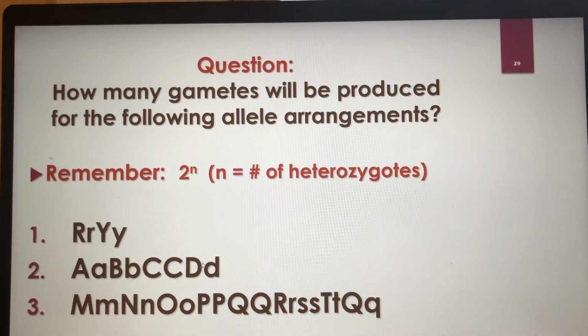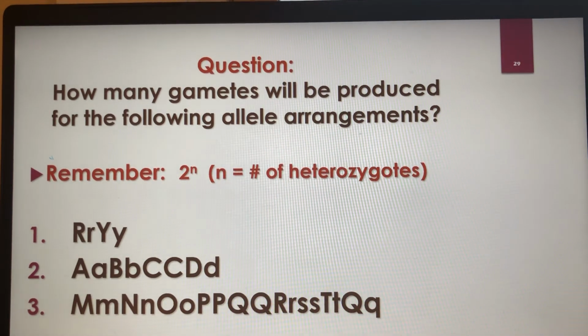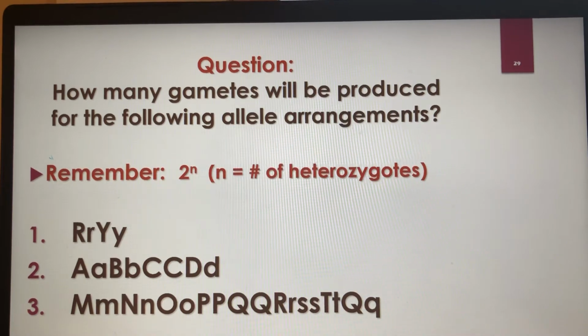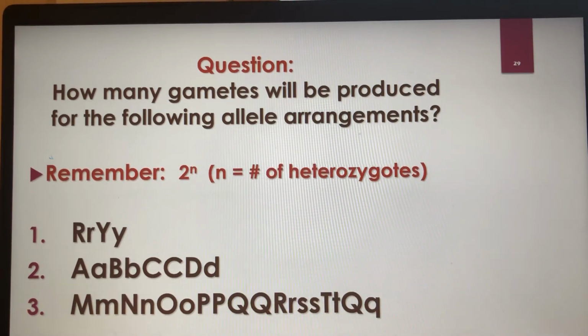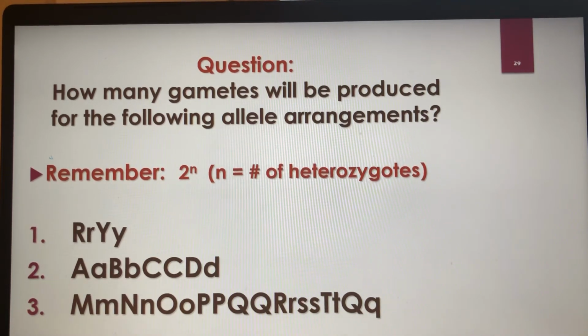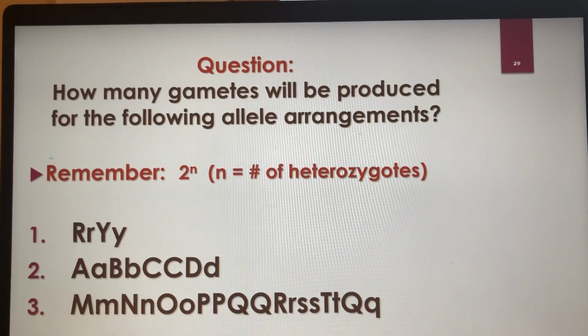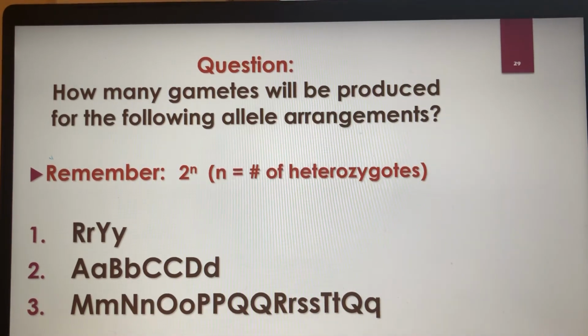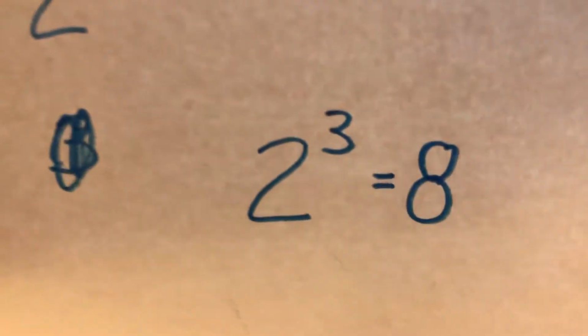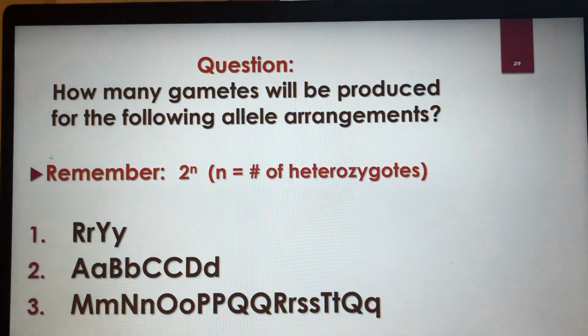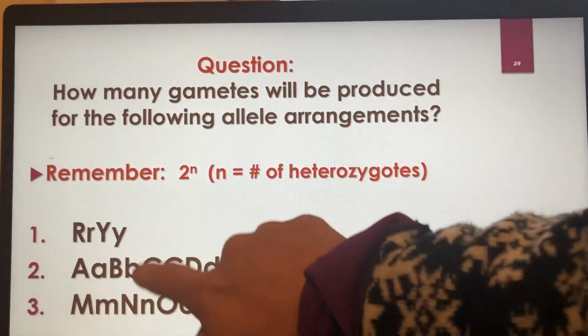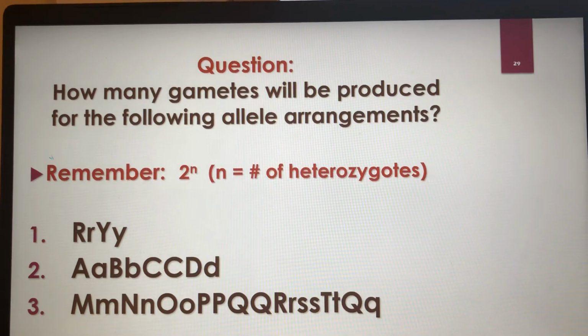So we have 2 to the power of 3, which means 2 times 2 times 2, so that's 8. Again, we didn't count C because that's not a heterozygote.